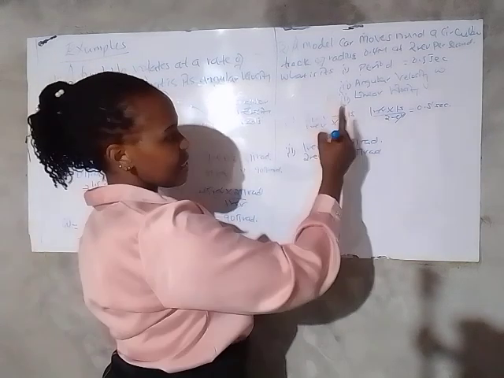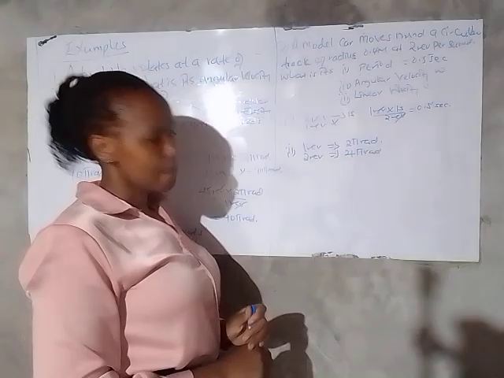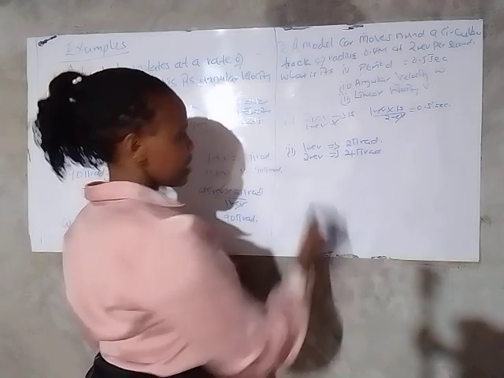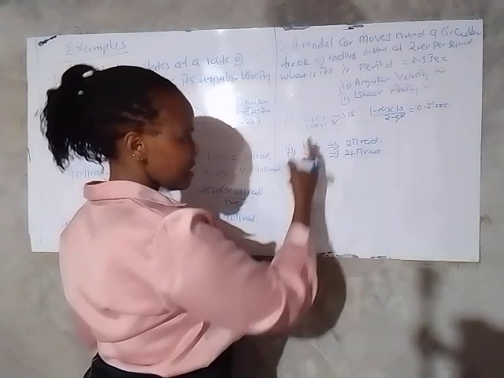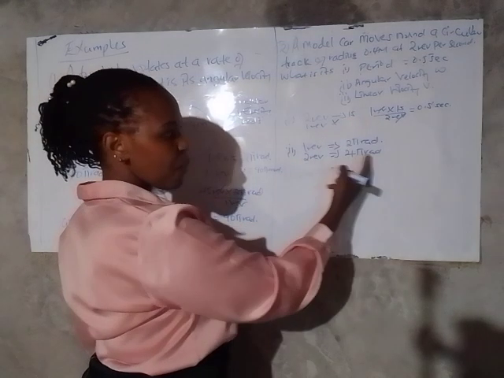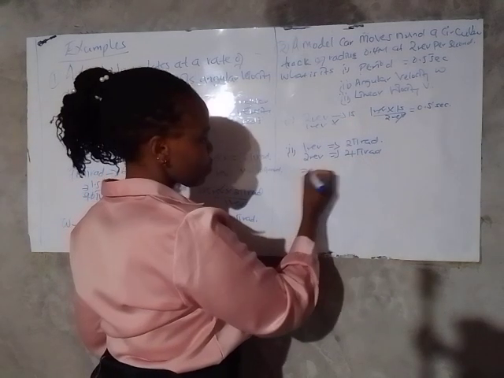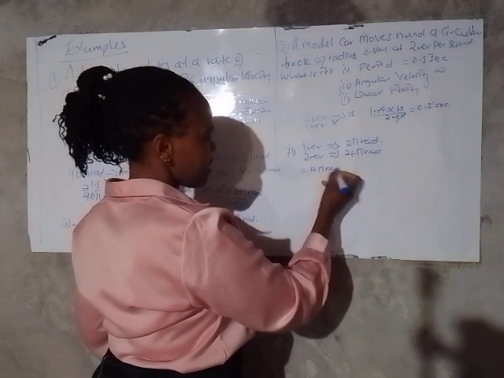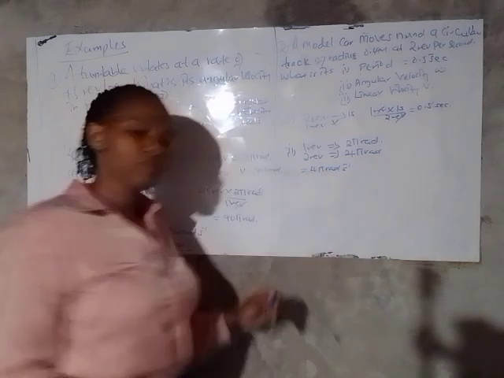And we are told angular velocity is in radians per second. So it is 2 revolutions in 1 second, and 2 revolutions are 4 pi radians. So omega equals 4 pi radians per second.